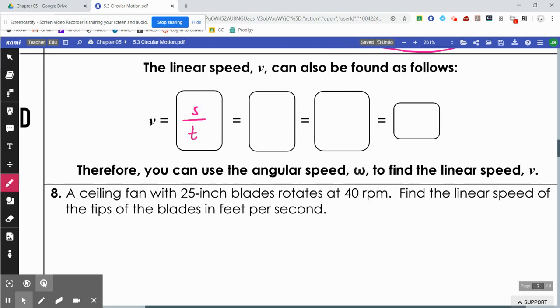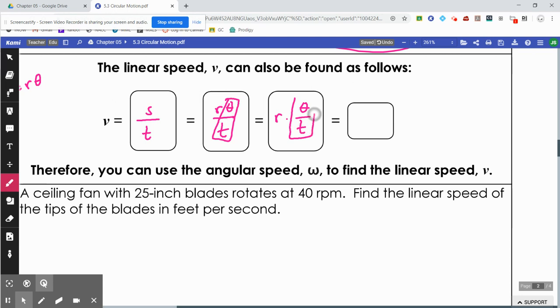Let me remind you of a formula that we did, I believe, last lesson. Arc length is equal to r times theta, radius times central angle. So let's take s and replace it with r theta. Now let's write that as r times theta over t, which is the exact same thing. All I did was separate it.